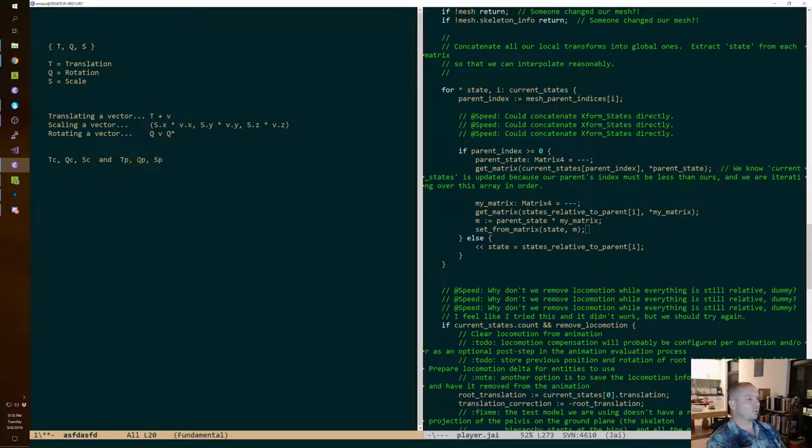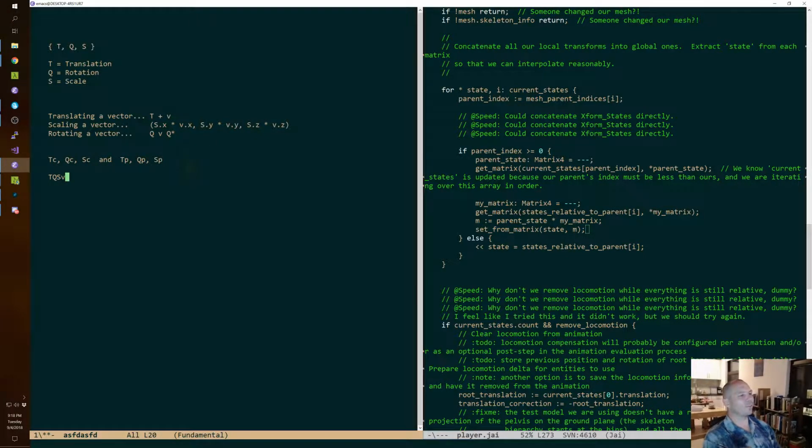Then we want to compute, well, let's pick an order. Let's say the order is t, q, s, v, right? Where each of these is a transform.